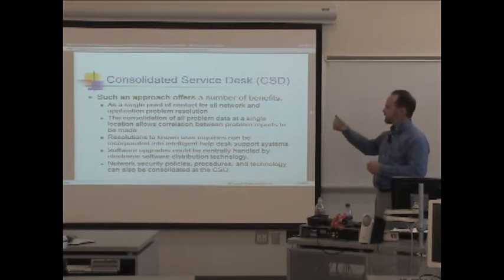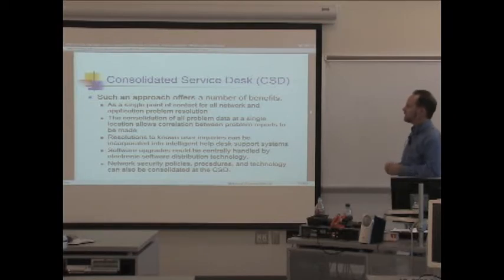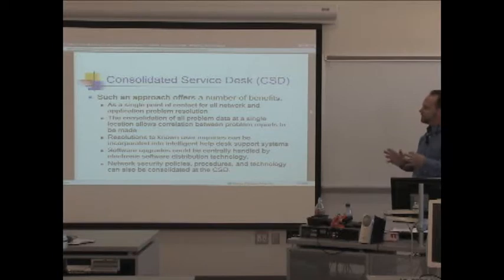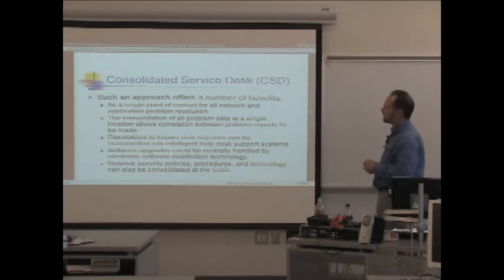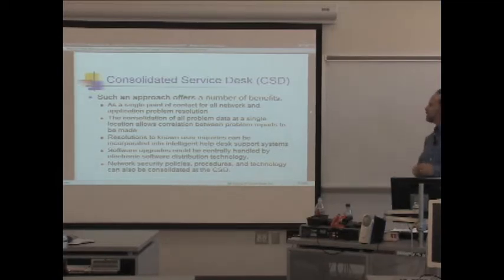As a single point of contact for all network and application problem resolution. So instead of figuring out which guy do I call to get something resolved, you just basically call one number, and then using call distribution and whatnot, it gets to the right person. The consolidation of all problem data at a single location allows correlation between problem reports to be made.